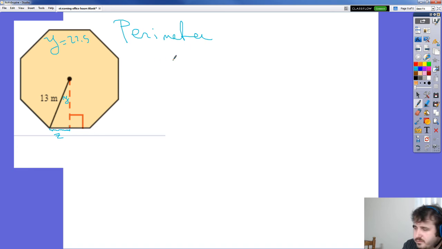We're going to have to figure out what z is, and we're going to use trigonometry for that. We've got the opposite side and the hypotenuse, so we're going to be using sine: opposite over hypotenuse.